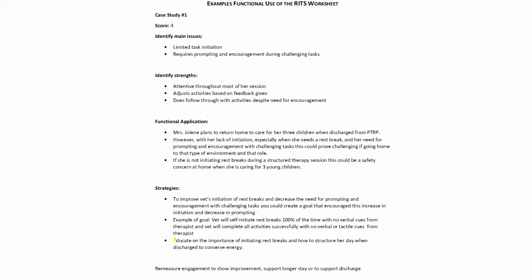Also, I think an important thing to realize is maybe educating her on the importance of initiating rest breaks and how to structure her day when discharged to conserve energy. I think that this is important, especially the education on conserving energy for a mom of 3 young kids. But once again, you notice through her RITS score that clinically, she's doing pretty okay.